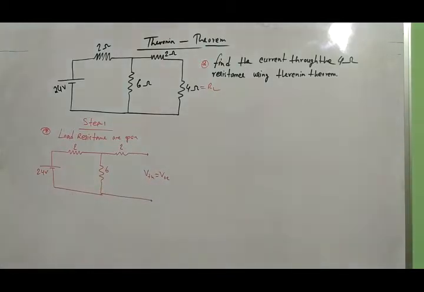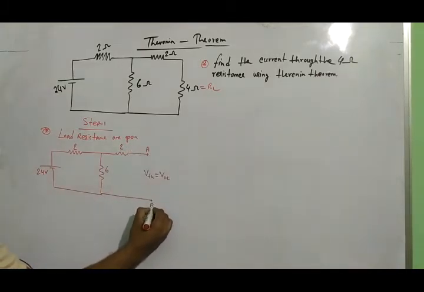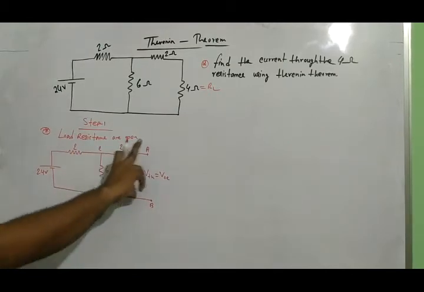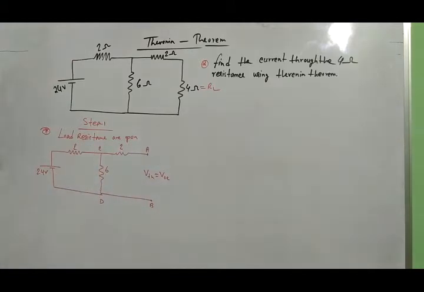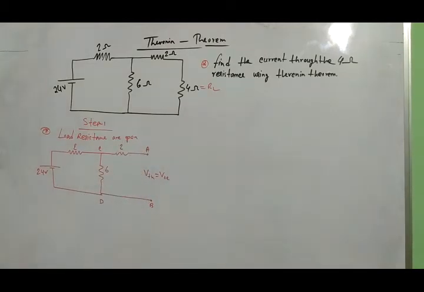So how to find this VTH? Assume this is A and this is B point, and this is C and D point. AB point voltage and CD point voltage remain same. This is the open terminal. The open terminal voltage is maximum voltage.